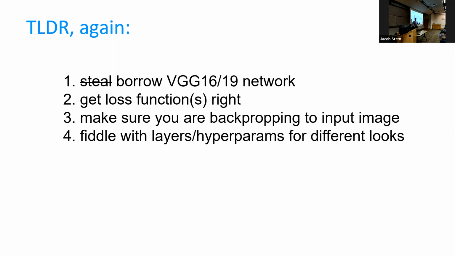So remember how a neural network is f of w and x, where w are the weights and x is your data? Well, here we are flipping the learning problem. Instead of learning weights to learn a function between x and y, we are taking weights and freezing them and tweaking x to maximize our loss function or minimize our loss function.